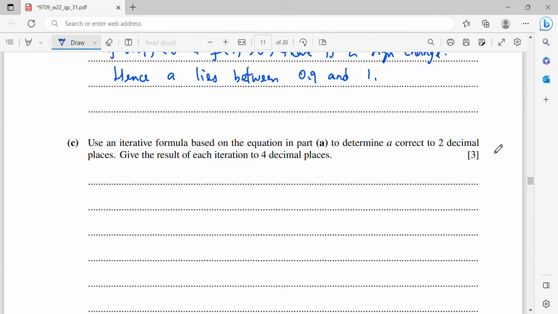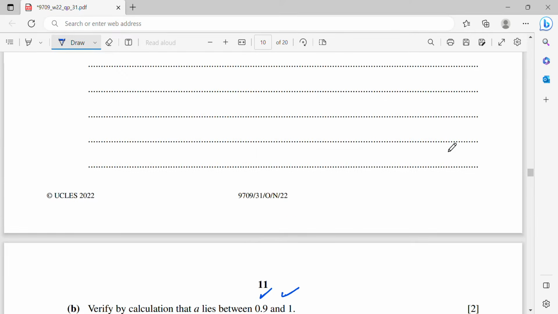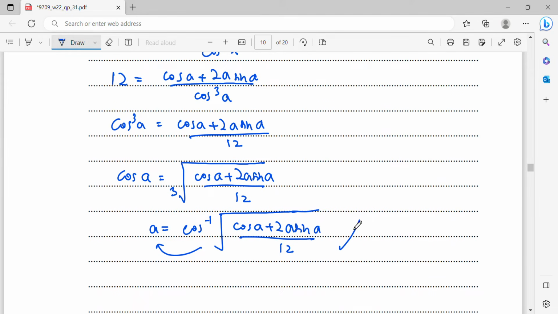All right. C. Use an iterative formula based on the equation in part A to determine A correct to 2 decimal places. Give the result of each iteration to 4 decimal places. So now from the equation in part A, to do the iteration, we need to add on the subscript. The term on the left hand side will be added the subscript of n plus 1.